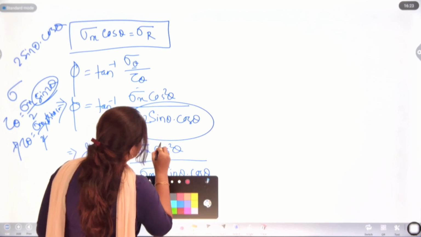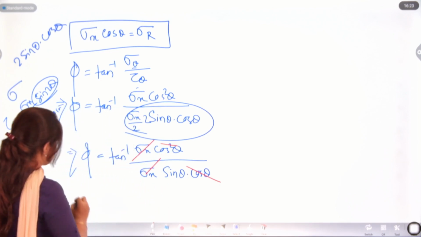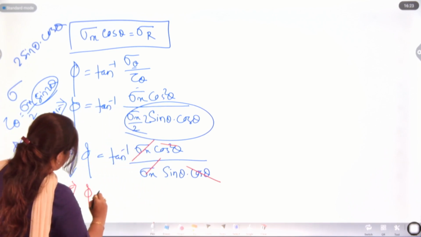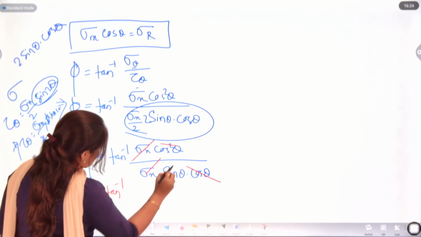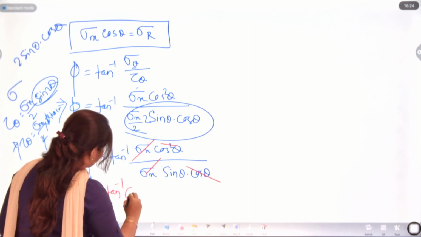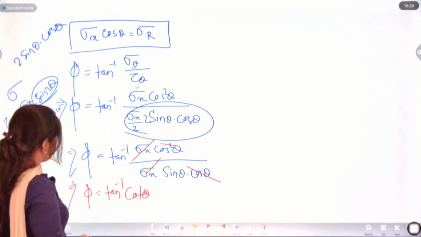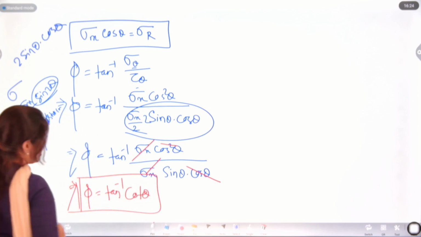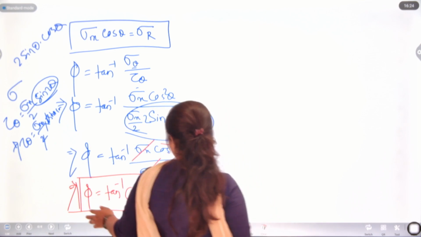Now we can cancel cos theta and sigma x. Our phi will be tan inverse cos theta upon sin theta, it will be tan inverse cot theta. Then from this, if we have the theta value, we can find out phi.